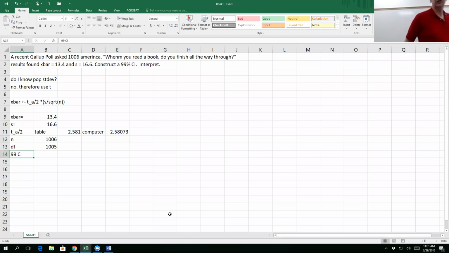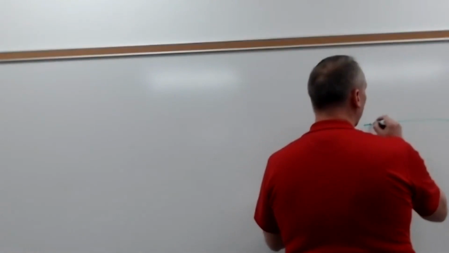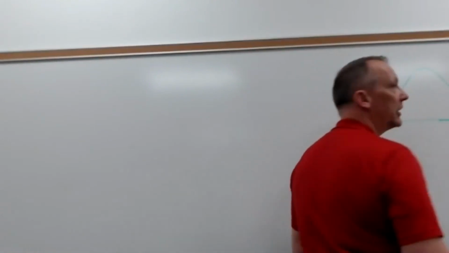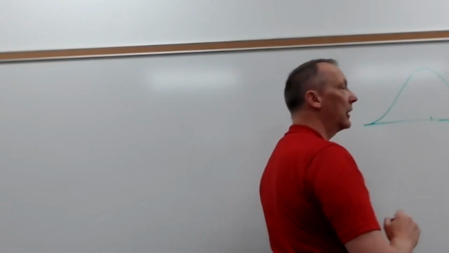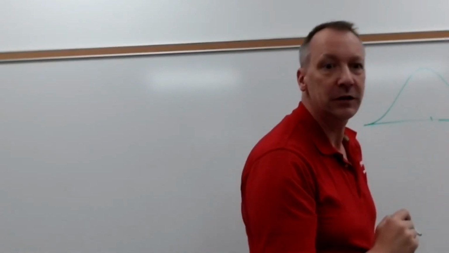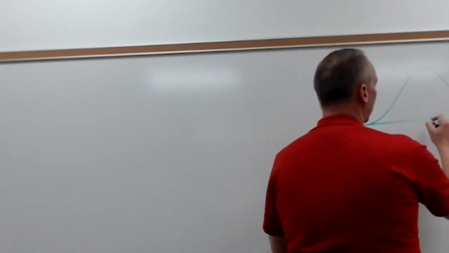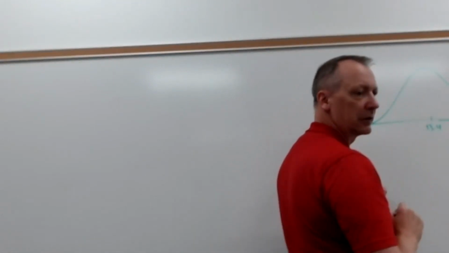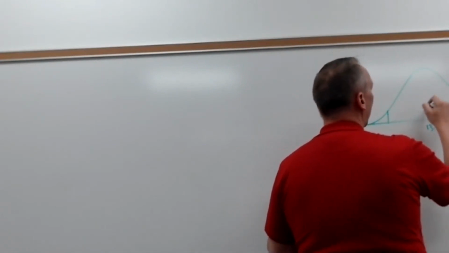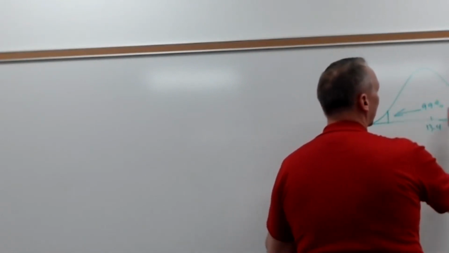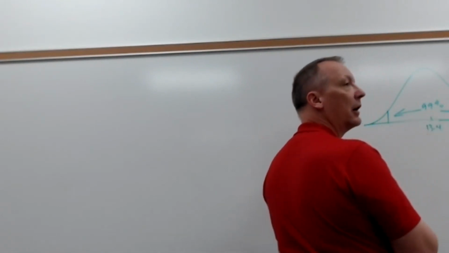Okay. So just as a reminder, let's draw a picture here. If I'm drawing this here, we know by the central limit theorem that this is normally distributed, right? My x bar was 13.4. If I go out here 99%, that's my 99% confidence interval.